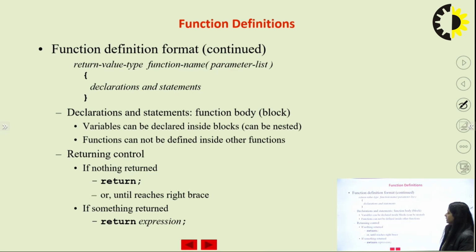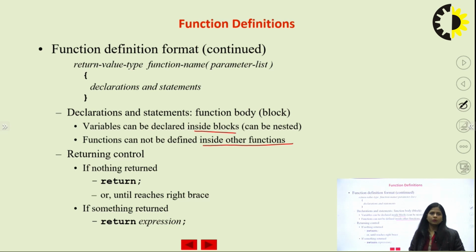So, next we will discuss the declarations and the statements. We will have a function body, which is known as a block. That's what we are saying, a block of self-contained statements, right? So, here variables can be declared inside the blocks, and blocks can be nested, fine. A function cannot be defined inside another function. This is a very important point to remember.